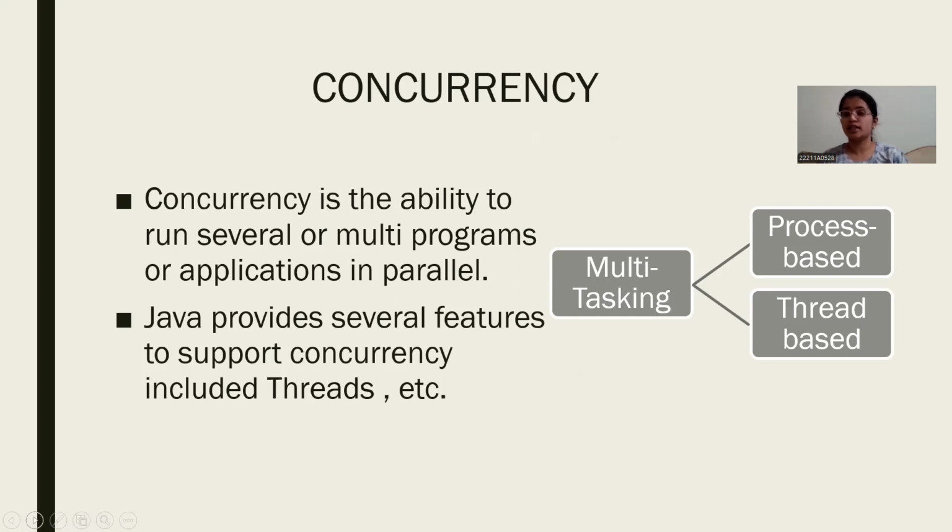Now thread based is like multi-threading. Suppose your program will execute in 20 minutes. Now if we divide it into two threads, it can take 5 minutes, because you have divided it into two parts, and each thread executes in 5 minutes simultaneously, so the time will be reduced here.